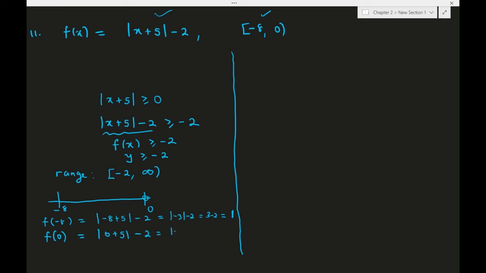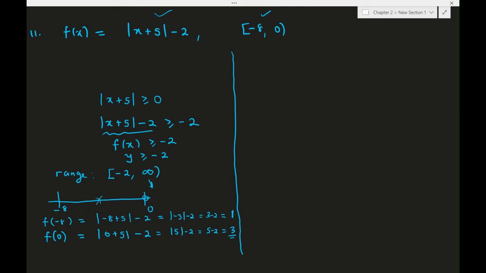This is going to be the absolute value of 5, minus 2, which is 3. Okay, so we see now we have 3, which is bigger than 1. Don't forget, here we are trying to get a maximum value. So based on the endpoints only, the maximum value is 3. But let's try other points still within this interval.